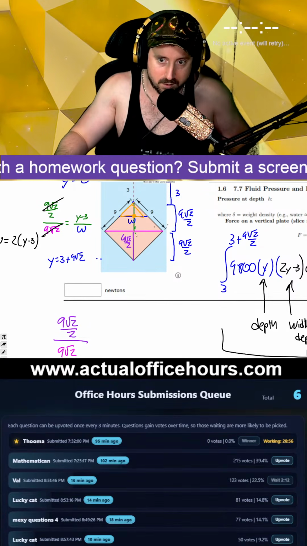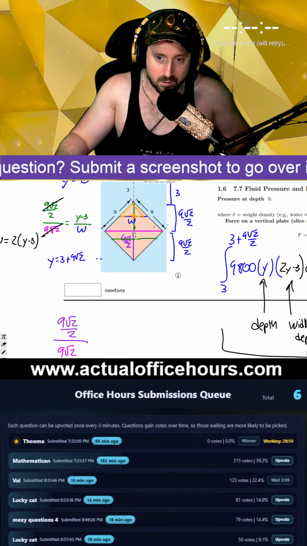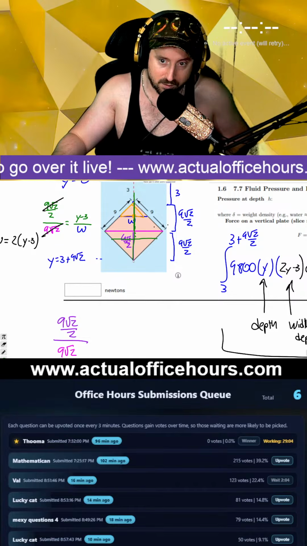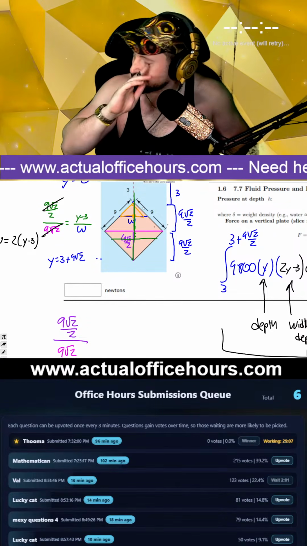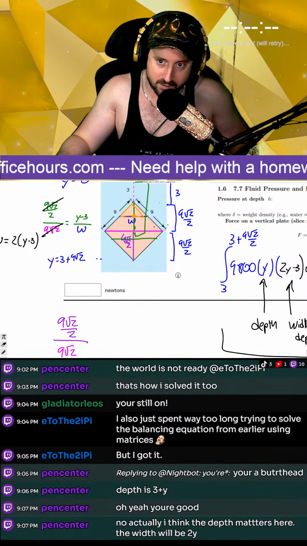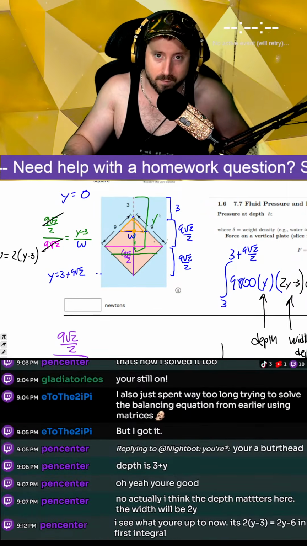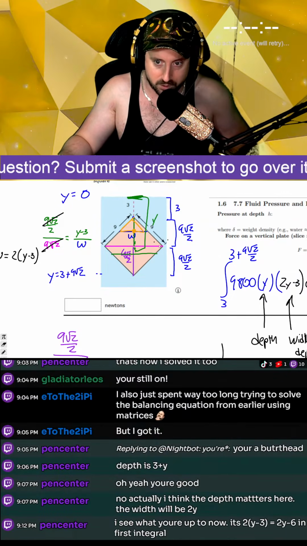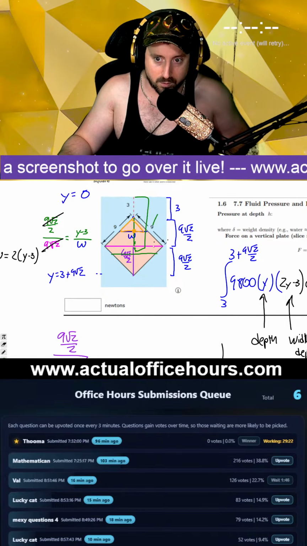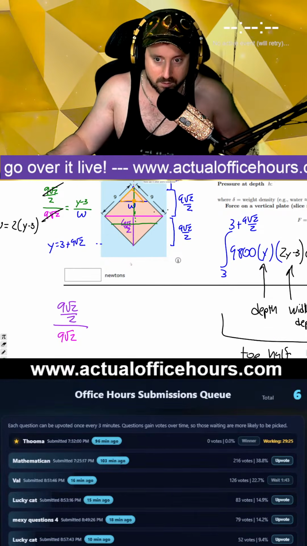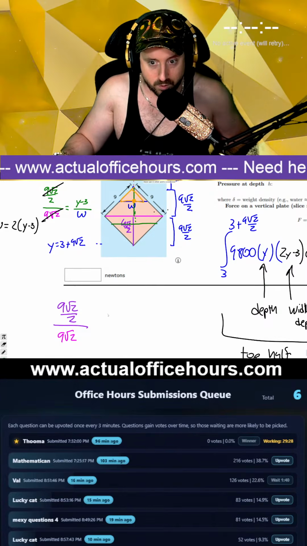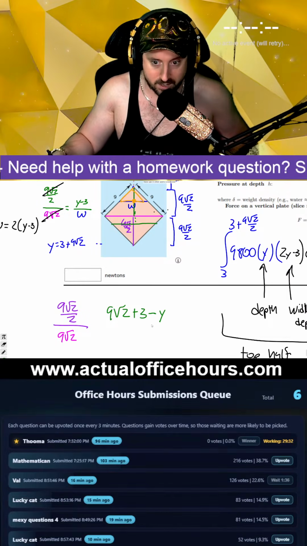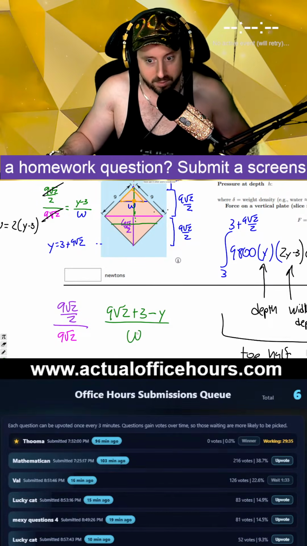If I'm only some distance here, my partial triangle is this whole distance minus whatever y is, because y always measures from the surface down to wherever I'm measuring the pressure. So now my inscribed triangle has a height equal to 9 root 2 plus 3 minus y, and that's all over the width.